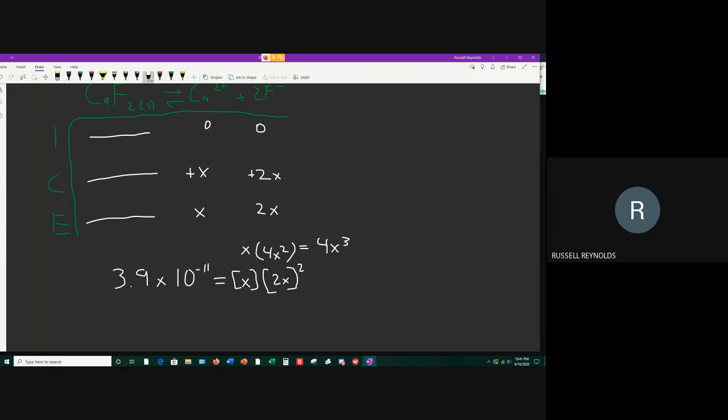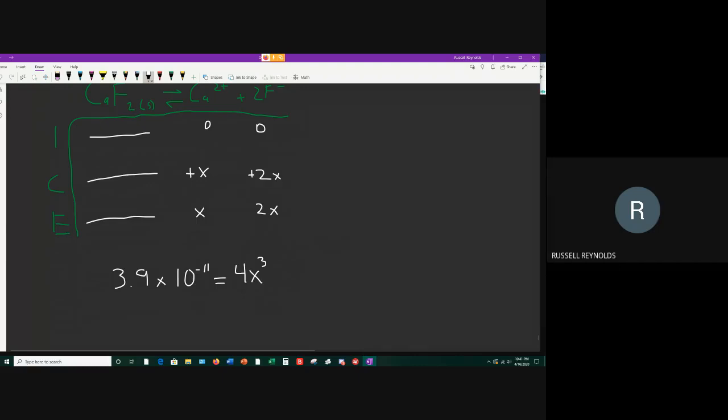So we squared the 2x and got 4x squared. Multiply the other x gives us 4x cubed. So what I'm going to do is rewrite that expression as 4x cubed, like so. Okay?